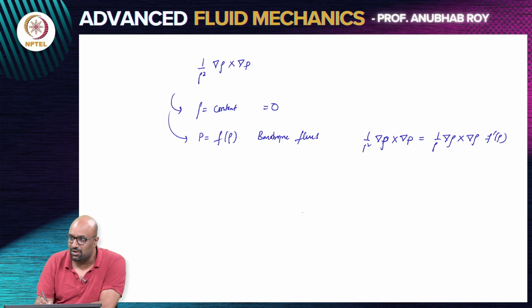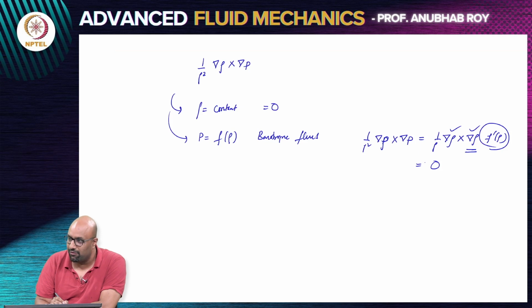If pressure is a function of density, then the gradient of pressure will be along the gradient of density times some derivative of that functional form. Now, grad rho cross grad rho is 0.